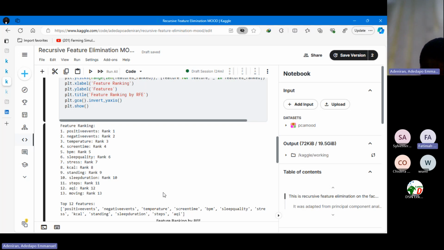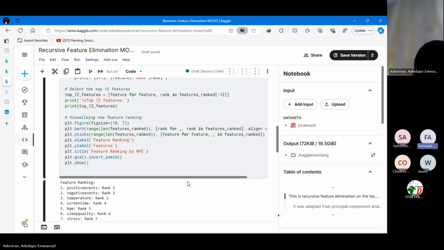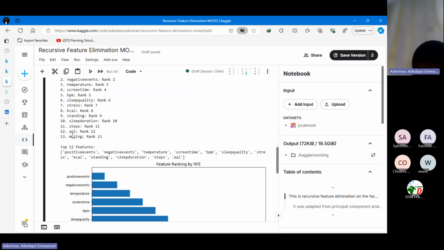The one that performs better is the one that is on. It's the one that has a better mean squared error or R squared score by the time you remove it.